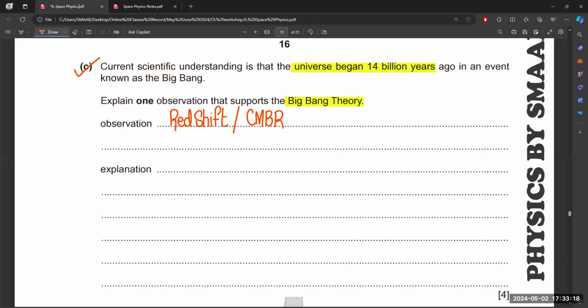You mentioned redshift: at the start of the universe radiation was emitted, the universe expanded, and radiation from the early universe has now moved into the microwave region and is redshifted, right?